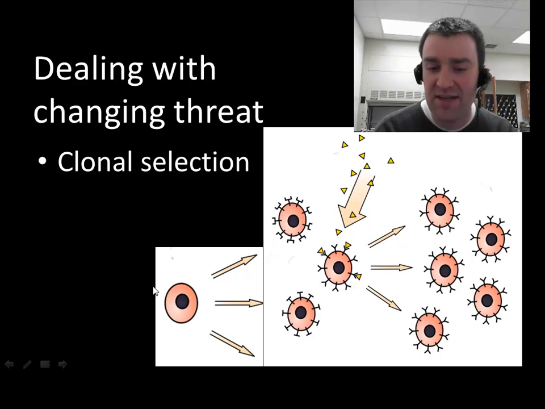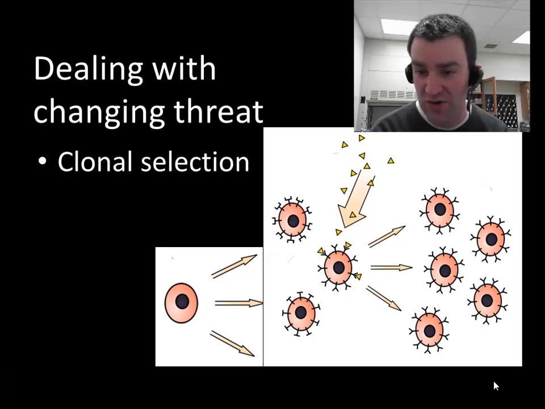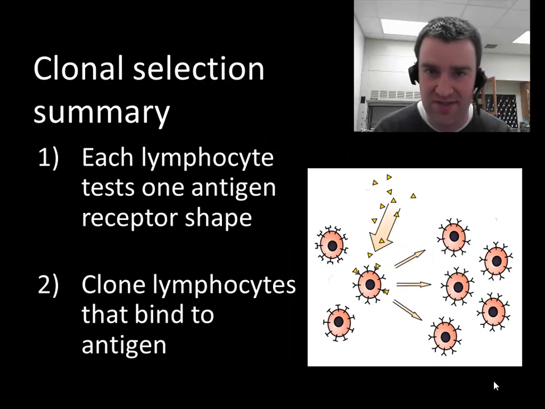That lymphocyte has been selected, and that cell will also be triggered through a signaling pathway to do a lot of mitosis and make copies of the cell with the correct receptor shape to go and deal with that specific threat. So try out random shapes in the hope that one of them will succeed, and then clone that successful lymphocyte.